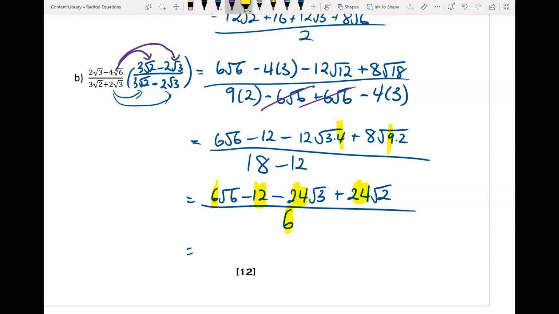That means I can actually divide everything by 6. And we're just, again, looking at the coefficients only. So 6 divided by 6 is just 1. 12 divided by 6 is 2. 24 divided by 6 is 4. And lastly, 24 divided by 6 again is 4.